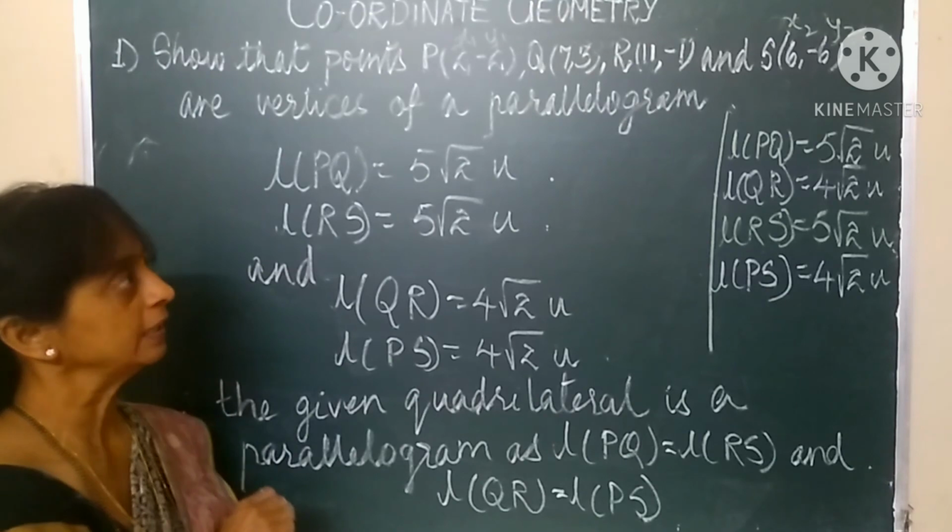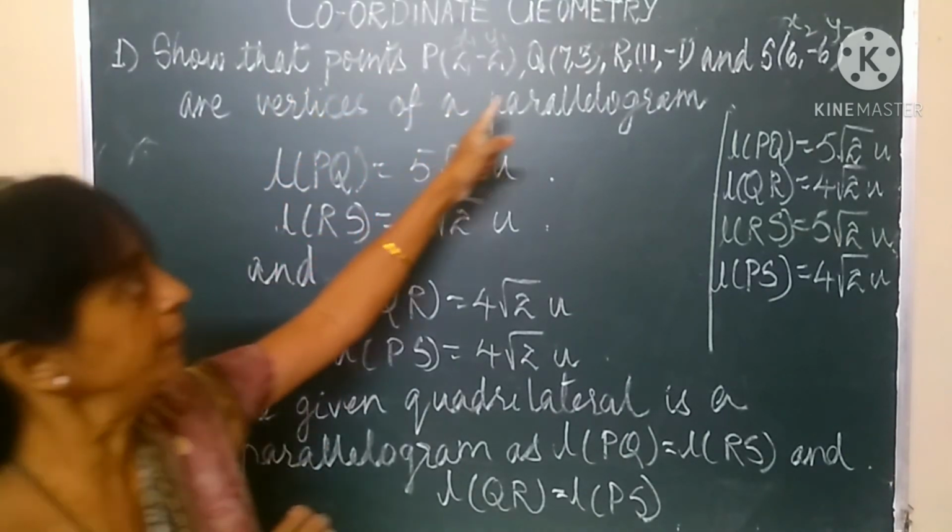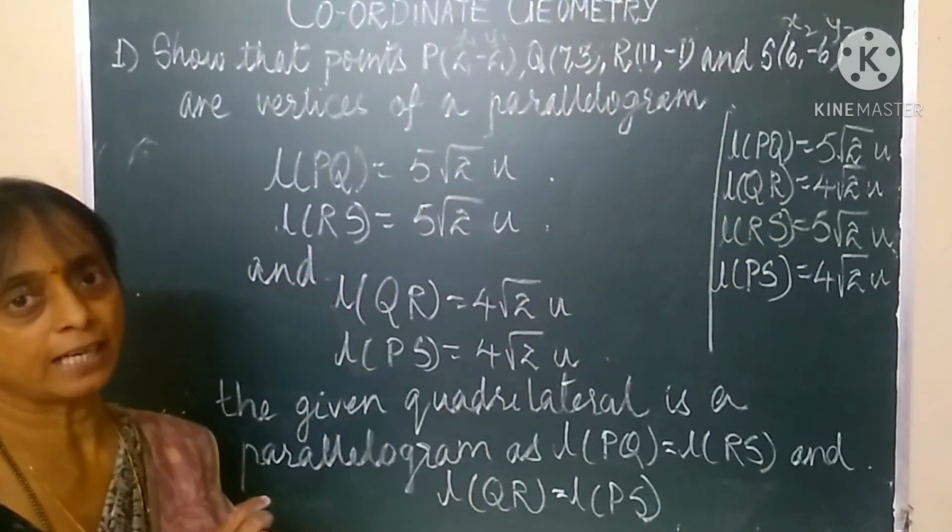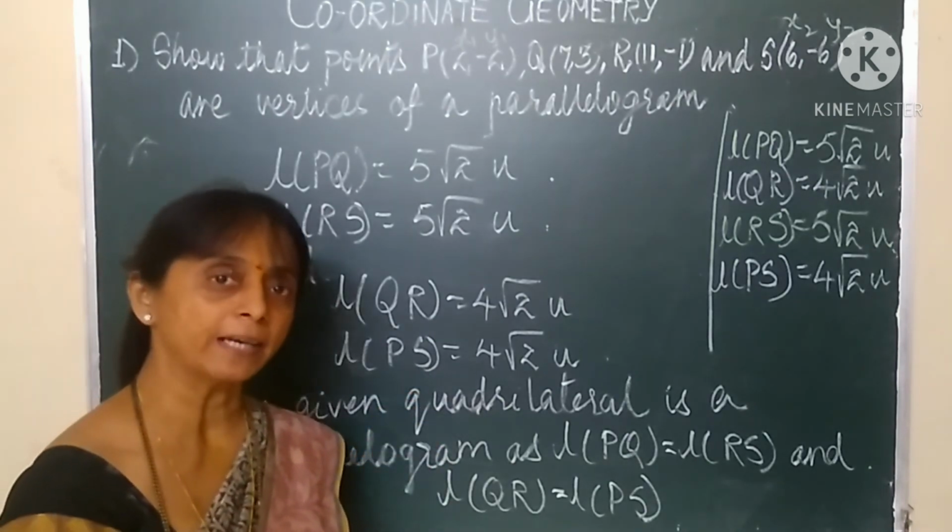Thus we conclude that the points PQRS are the vertices of a parallelogram.